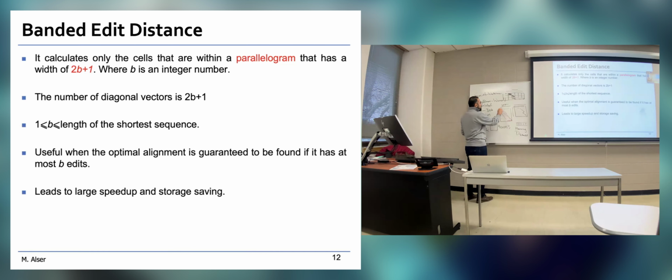The distance from here to here is B, and the distance from here to here is B also. Okay. So it's a symmetrical shape. So we have B diagonals here. If B is 2, for example, then we have this is the main diagonal. We calculate 2 diagonals next to it from the left and 2 next to it from the right.